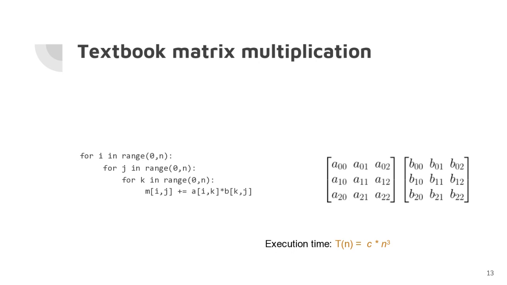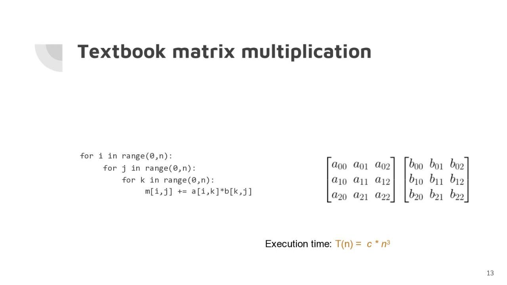Then you have every row and every column, and you still have to take the dot product of each value in each row with each value in each column. So you again have a loop. So this is a cubic complexity.